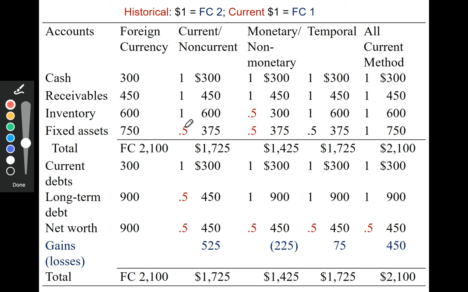So here I'm dividing 1 by 2 and getting half as my multiplier. Something that you should do if the rate is not 1 to 2, but it's 1 equals 2.5 foreign currency, then you divide 1 by 2.5 and get a different multiplier here. Okay, so fixed assets are translated at the historical rate, and historically this currency was half price, so 750 has to be multiplied by half.